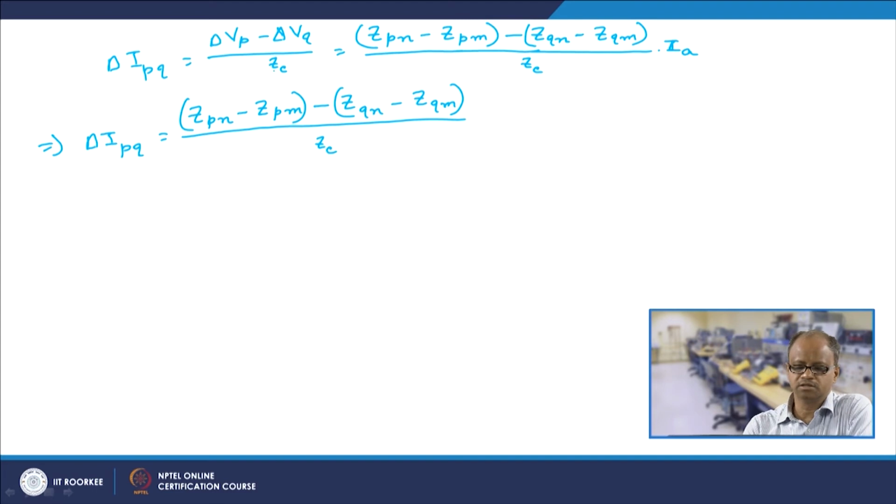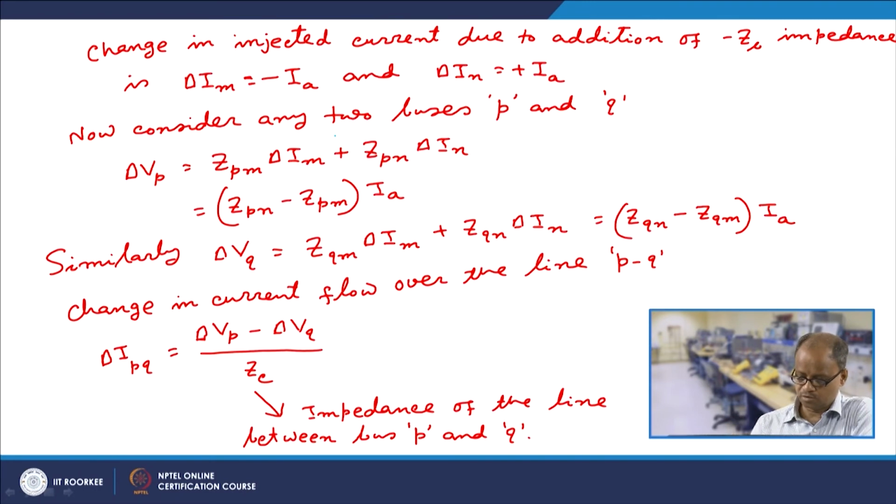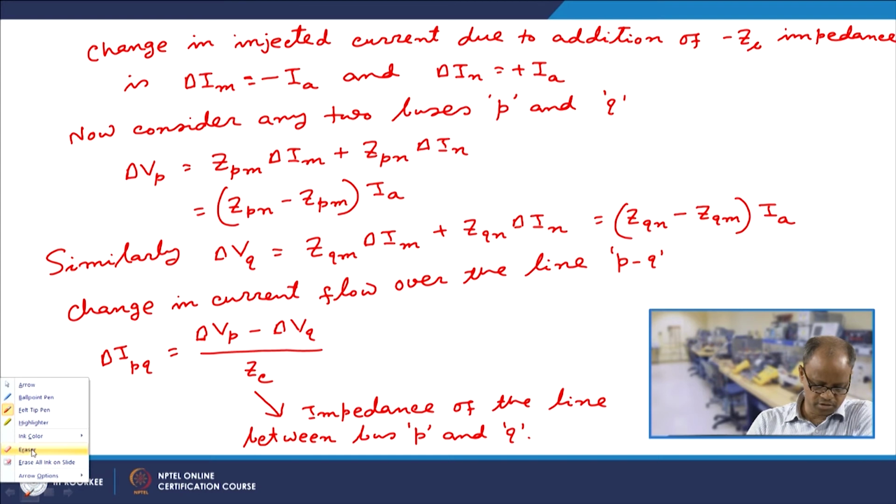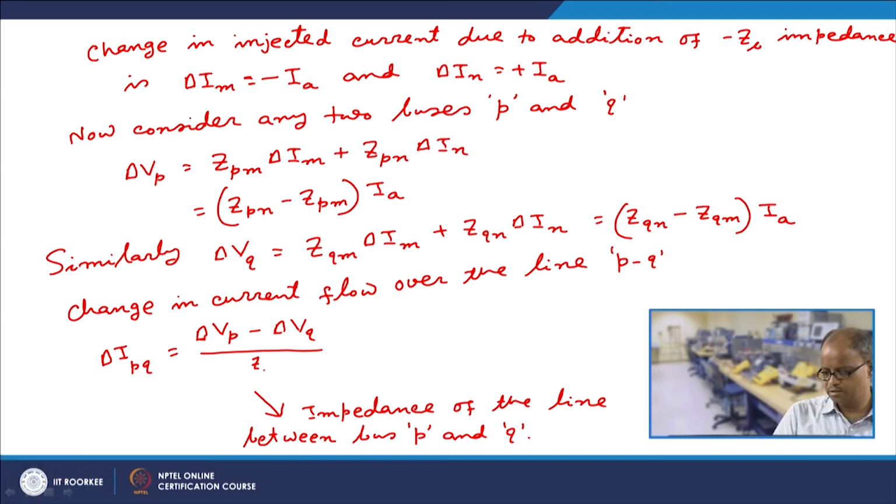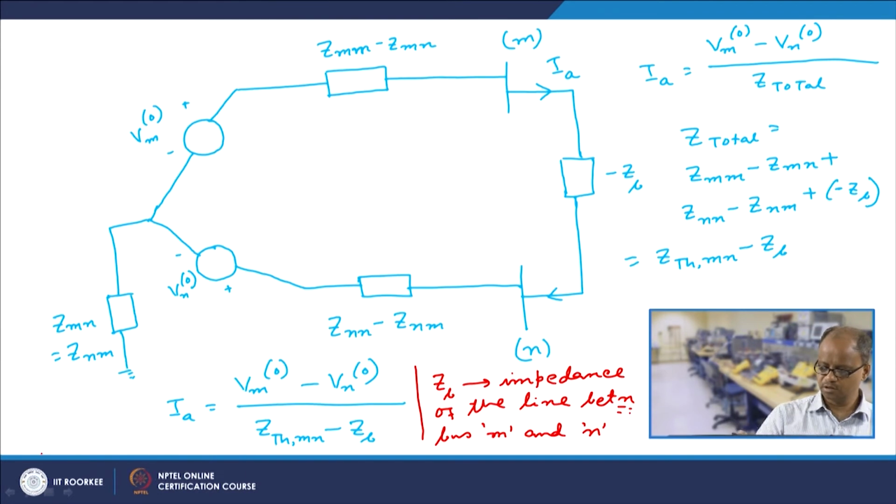Note that this Z_C, this Z_C and this Z_C are nothing but the individual line impedance. Here also similarly, z_B should be a small one, actually.